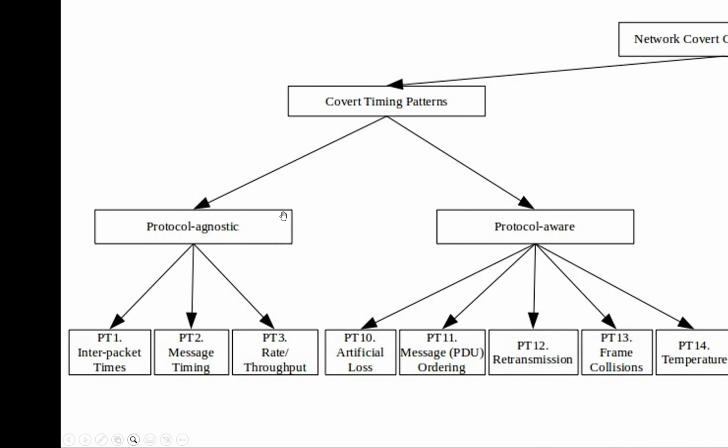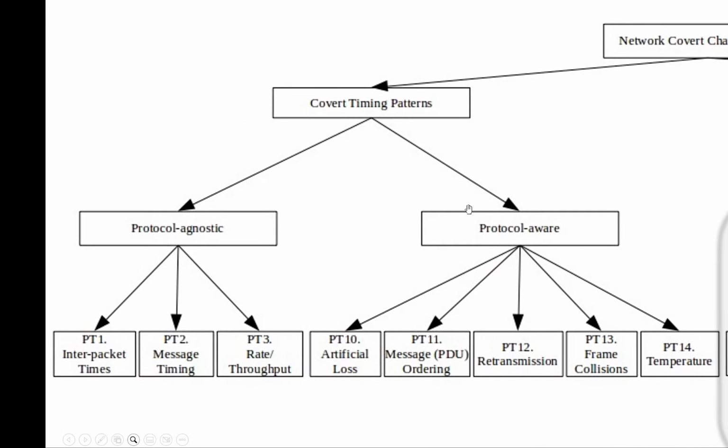You don't change anything in the communication, meaning the messages stay exactly the same. But what you do is either modify the interpacket times, message timing rate, or your participation in the network, artificial loss, artificial retransmission, message ordering, and then some more network-specific behavior which does not influence communication but is observable to others.